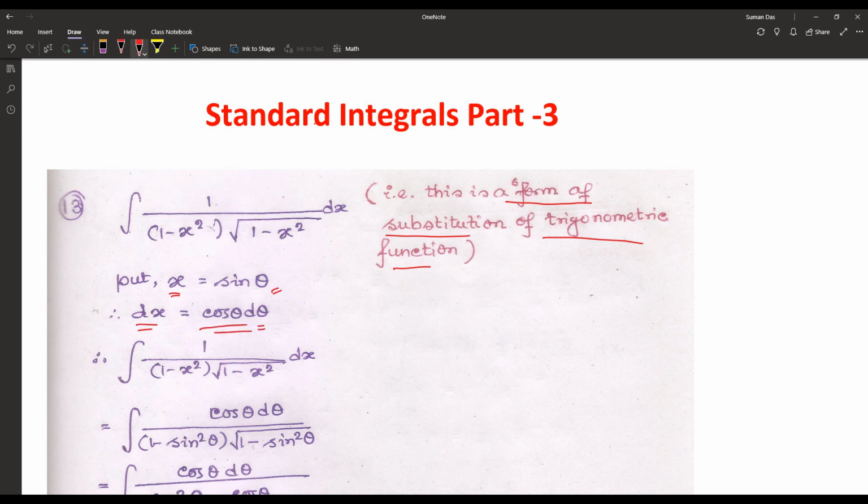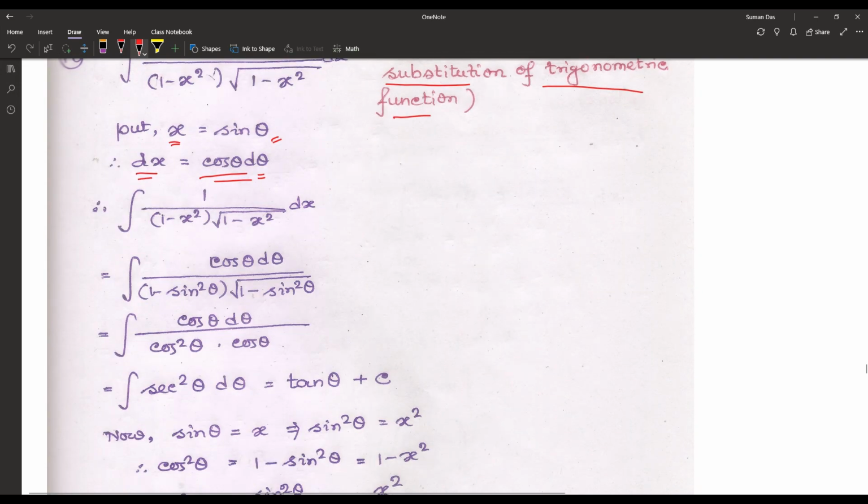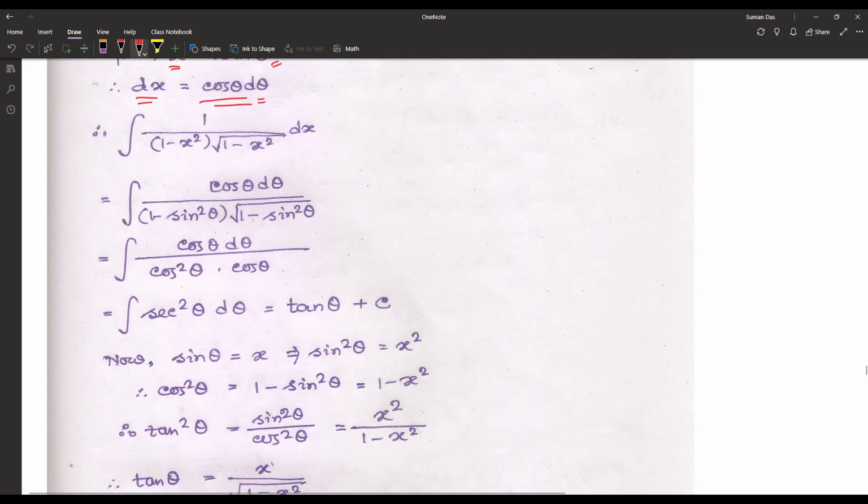After substitution, what are we getting? 1 minus x square is 1 minus sine square theta, and square root of 1 minus sine square theta. If we substitute x with theta, we get dx as cos theta d theta. 1 minus sine square theta is cos square theta, and the square root of cos square theta is cos theta.